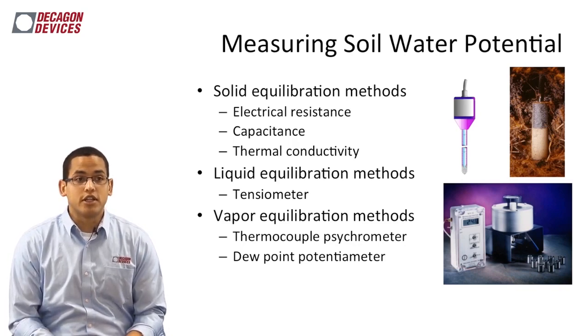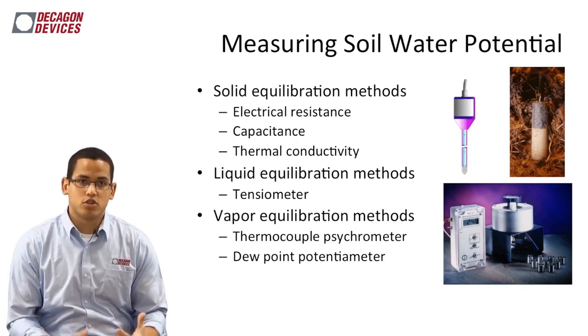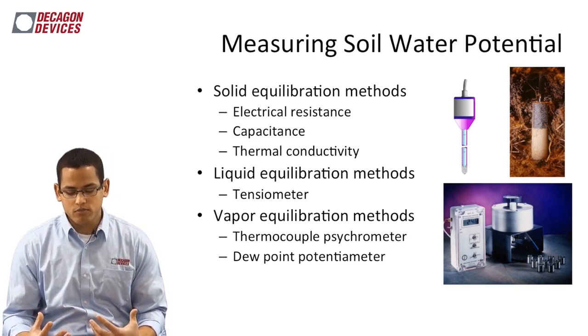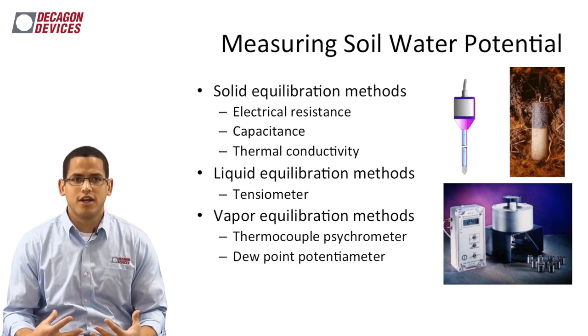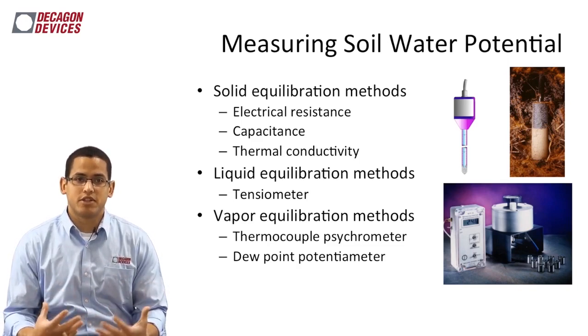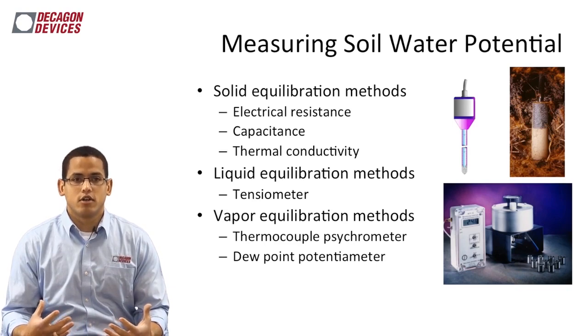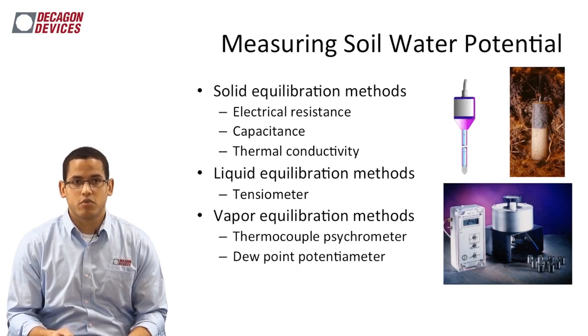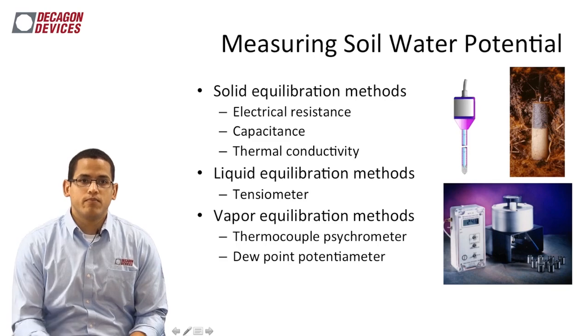We then have the liquid equilibration methods, which in this method, we're mostly talking about tensiometers. And what tensiometers do is we insert, for example, a ceramic disc or a ceramic cup, into the soil, and this ceramic cup is either filled with water or it has a shaft filled with water. You can see a picture of that example here.